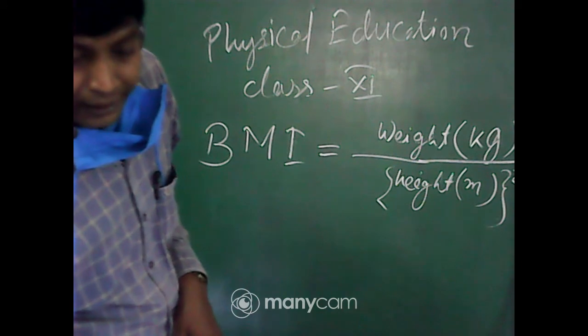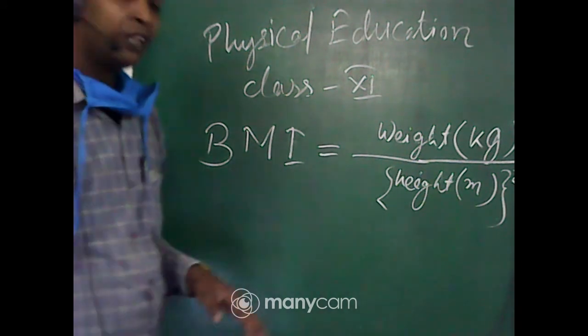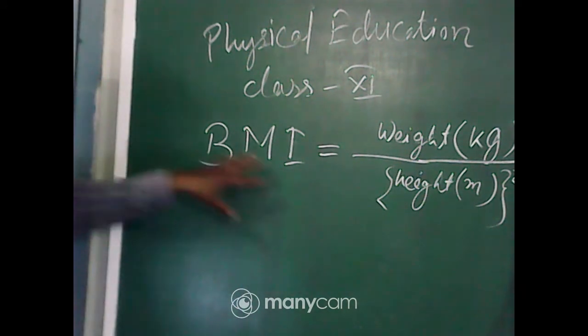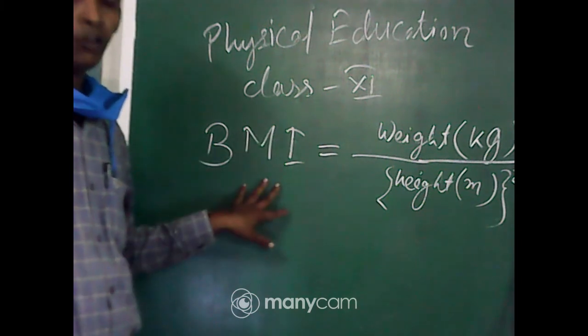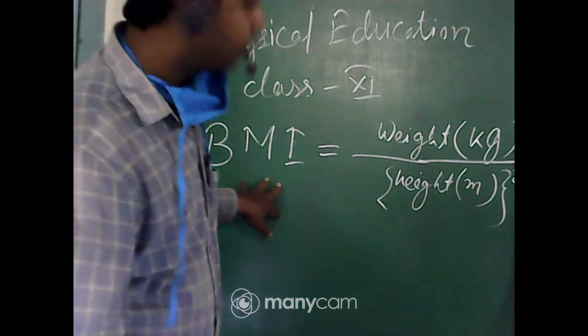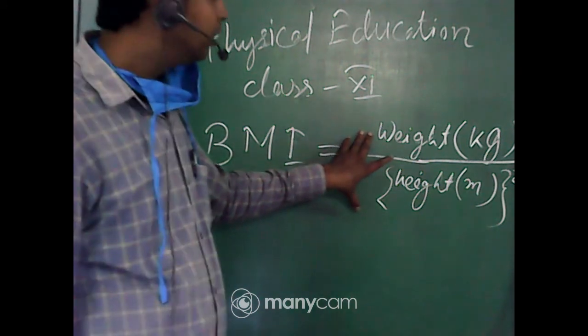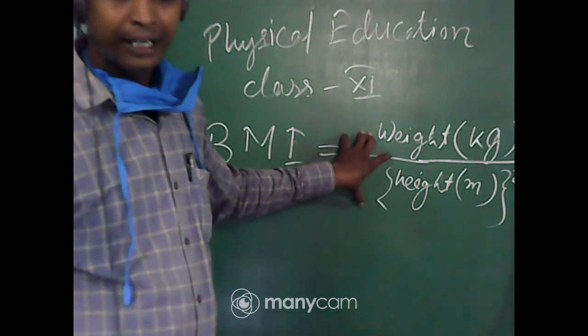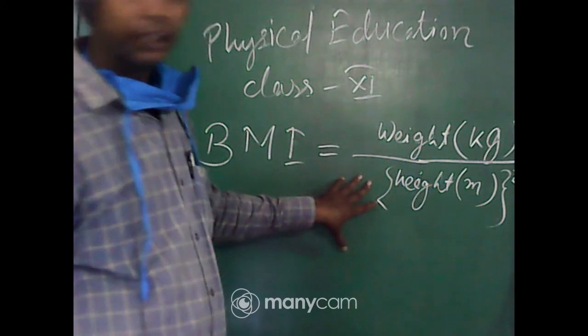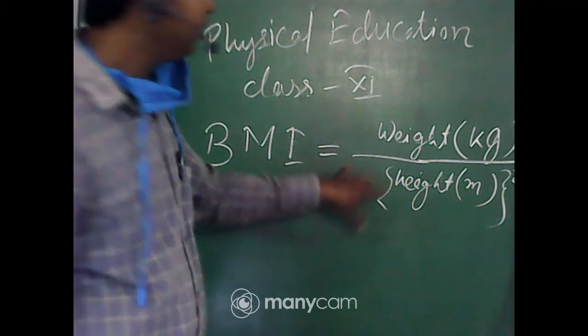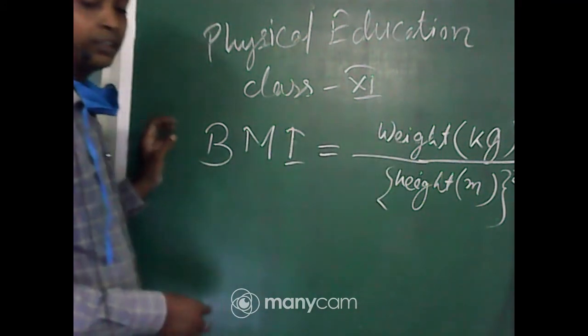Weight in kg and height in meter square. Whenever you are trying to get the BMI of an individual, you weigh him or her in kg and measure the height in meter. Then you should calculate the BMI.